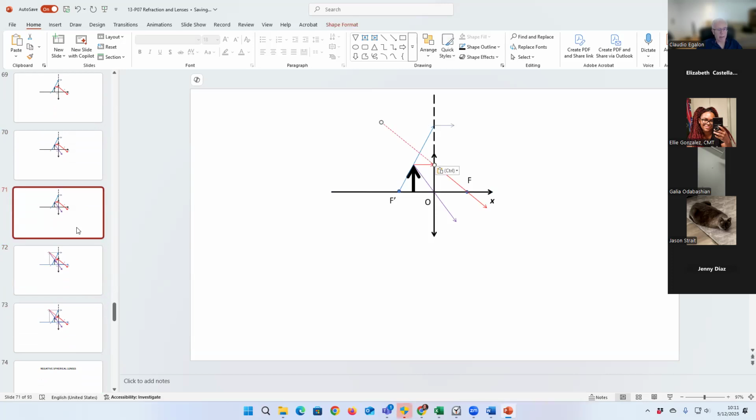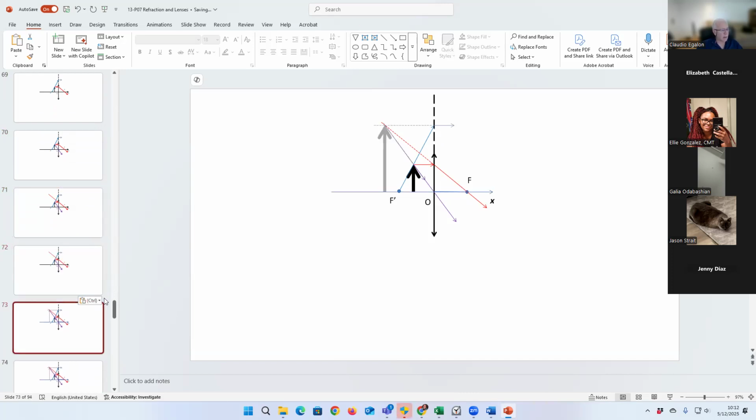That's the key to form the image. Extend this red light ray. We're going to extend this blue light ray, notice that I'm dashing the line. This one right in here intersects the first light ray and the third light ray.